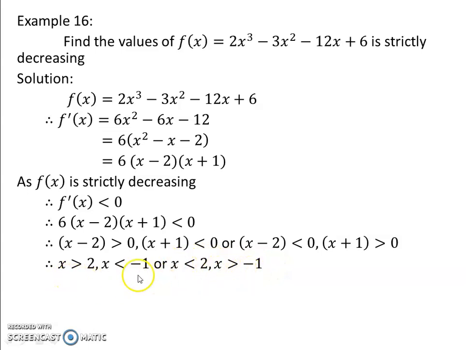But if you observe the first one, x greater than 2 and x less than minus 1, there is nothing common in this, so this is invalid. Therefore x greater than 2 and x less than minus 1 is not possible. So the only possibility here is minus 1 less than x less than 2.